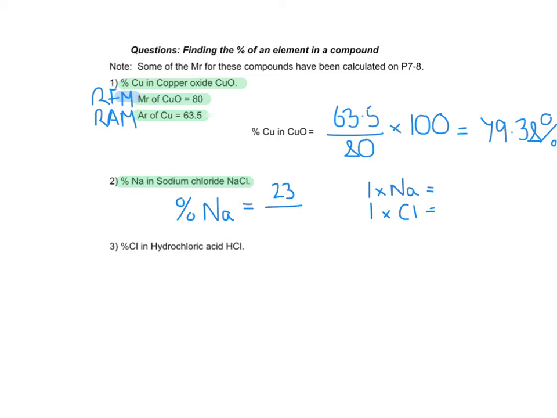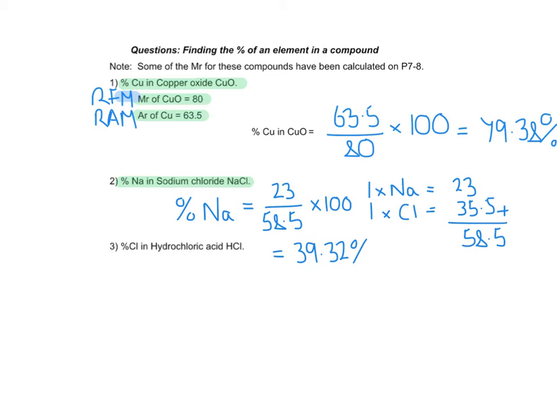So I go and I find their top numbers, 23 for sodium, 35.5 for chlorine. I add them together and I find then that this comes out at 58.5. Pop that on the bottom line, multiply by 100, and we find that the percentage of sodium in sodium chloride is 39.32%.